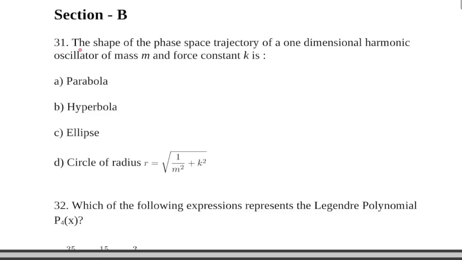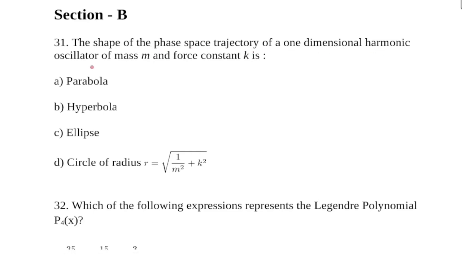Question number 31. The shape of the phase space trajectory of a one-dimensional harmonic oscillator of mass m and force constant k is. Okay, so from here you can write the total energy for the one-dimensional harmonic oscillator as p square by 2m plus half k x square.